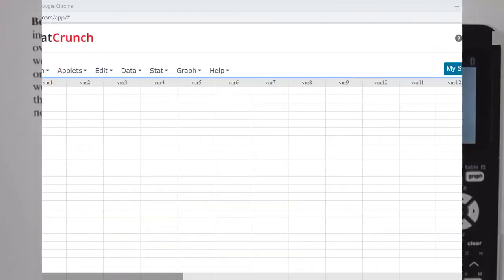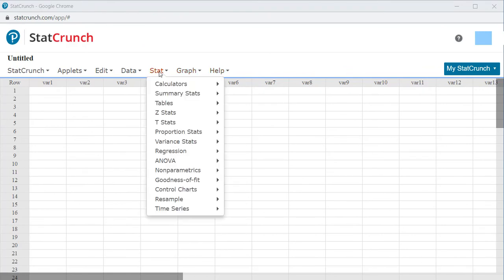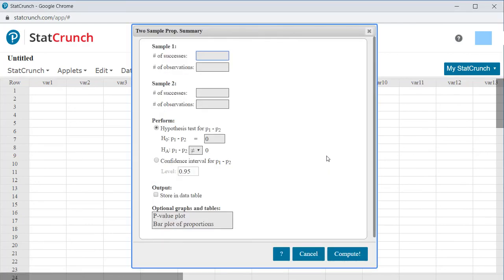Similarly, we can do this in StatCrunch. In StatCrunch, we go to Stat and Proportion Stats. We're going to go to Two Sample because we're dealing with two samples, and we have summary information as opposed to data. Incidentally, this is the same place where we went to do our hypothesis test for the difference between two population proportions. So for the number of successes for sample 1, we had 203, and the number of observations was 750.